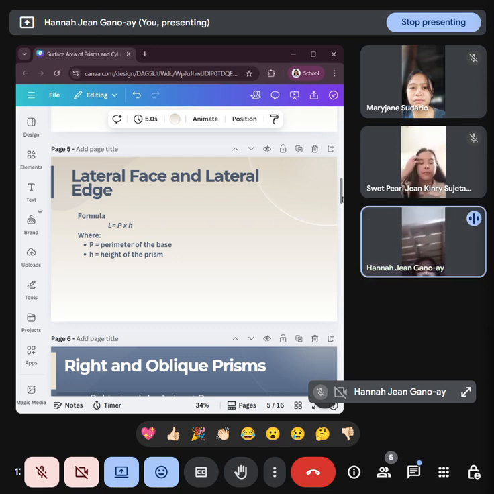The formula for the lateral area is P times H, where P is the perimeter of the base and H is the height of the prism.